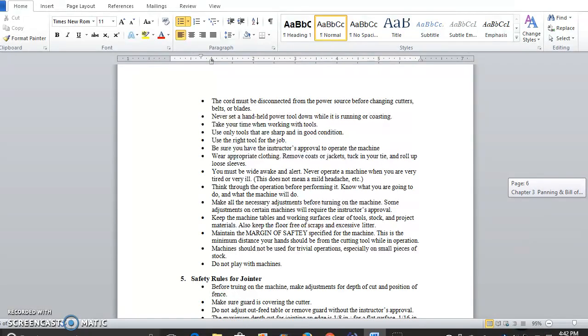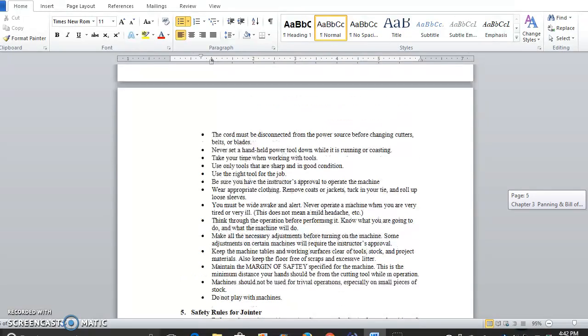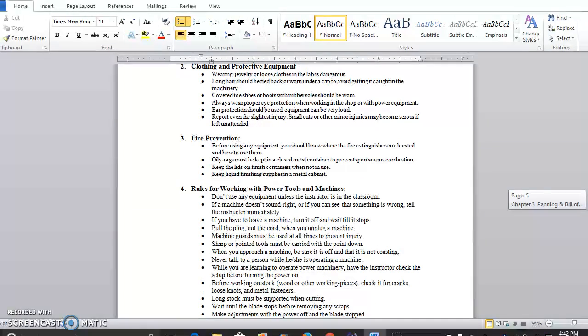So we go through all the way until the safety rules for the joiner. I do all the machines separately from the general rules, and the general rules are what we cover the test over. When we go through and take the test, I sit out and talk about the actual test questions. We look at ones that have been previous issues from years past and discuss those, and say, hey, maybe this is something you need to look at or review.